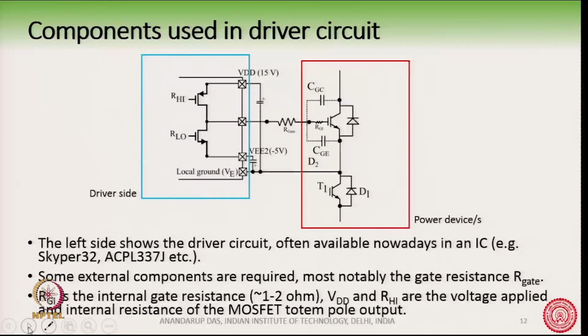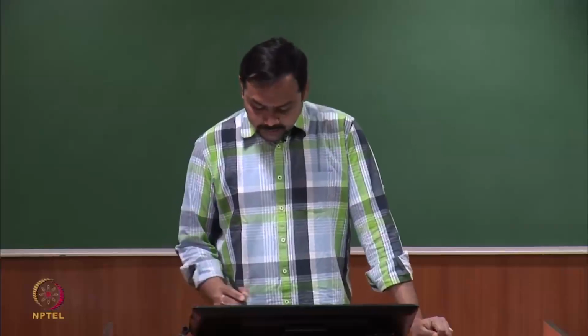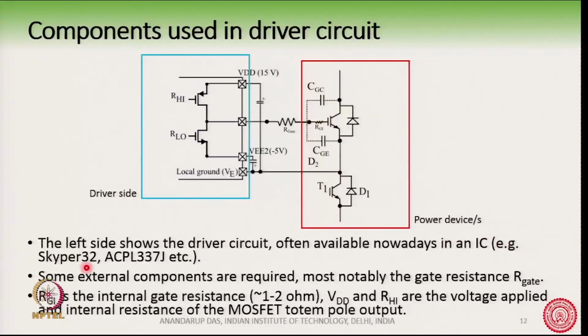Now, before we go into the turn on and turn off phenomena, I would like to say that nowadays these gate drivers come in some form of a circuit, which is again controlled by a gate driver IC. For example, Skyper 32 is a gate driver board, and ACPL 337J is a gate driver IC.